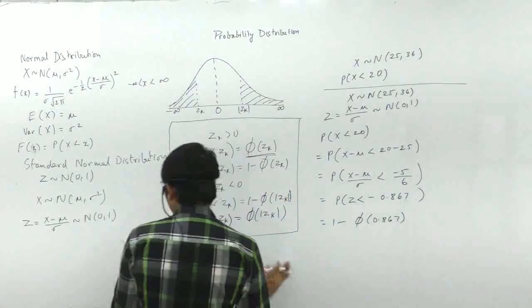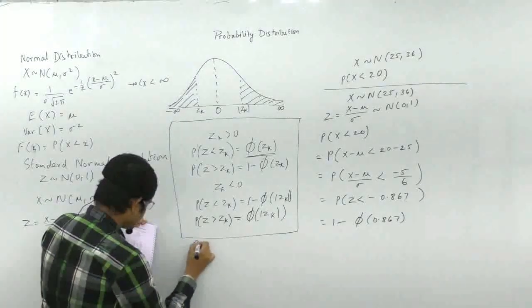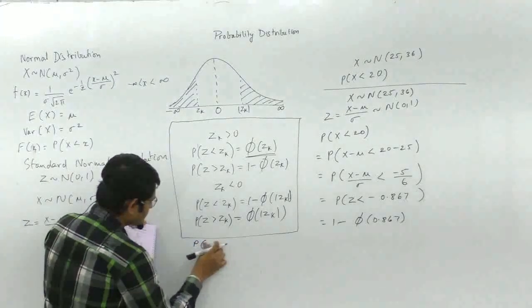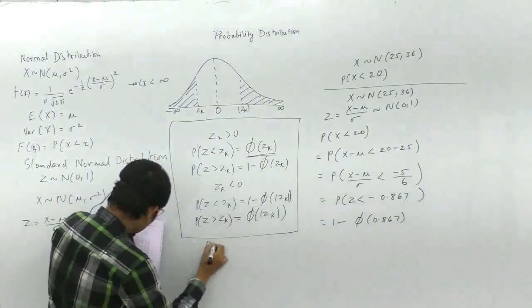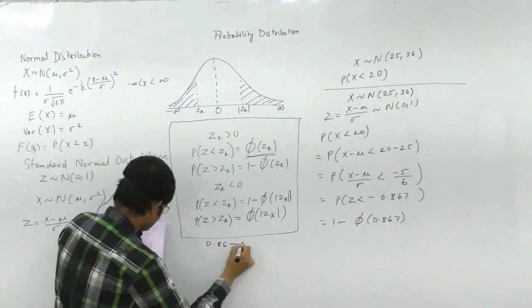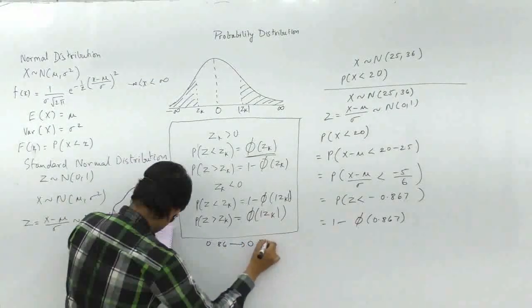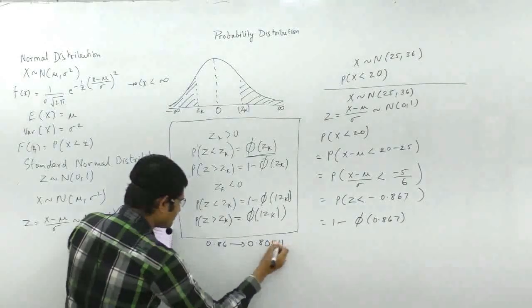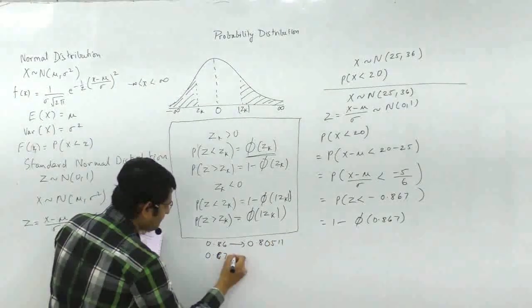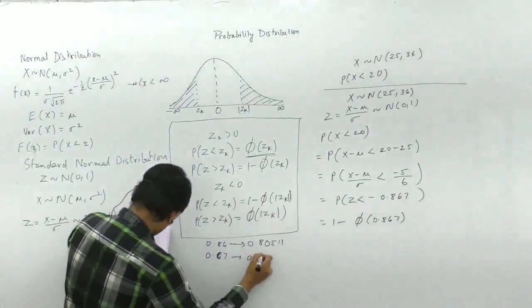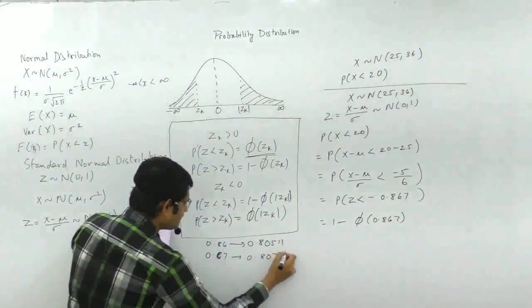The probability for 0.86 is 0.80511. The probability for 0.87 is 0.80785.